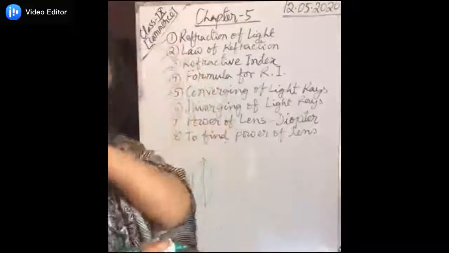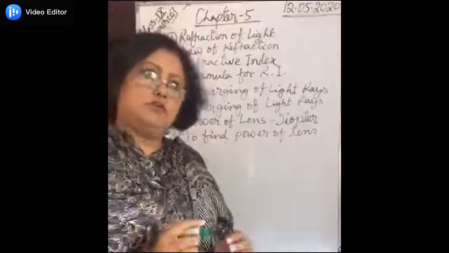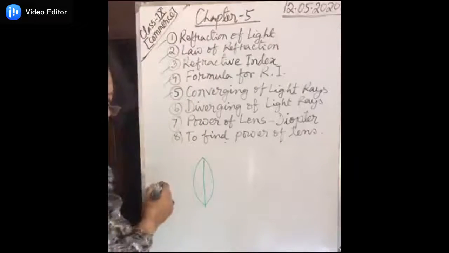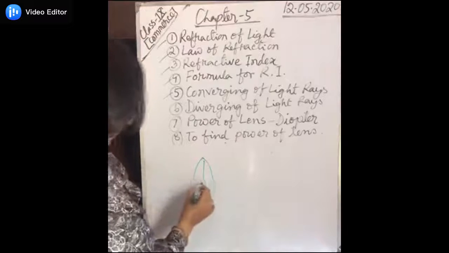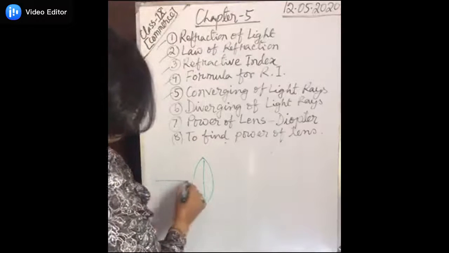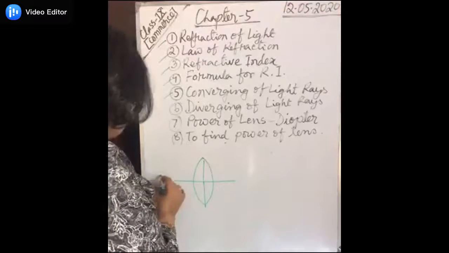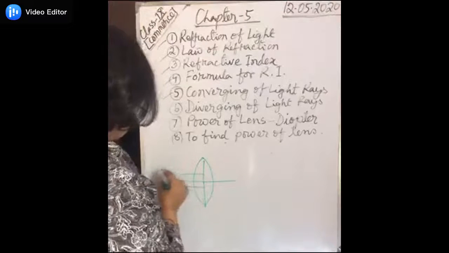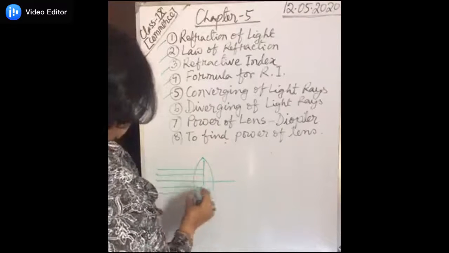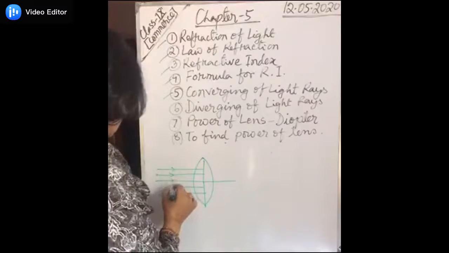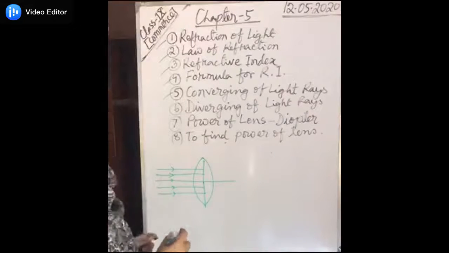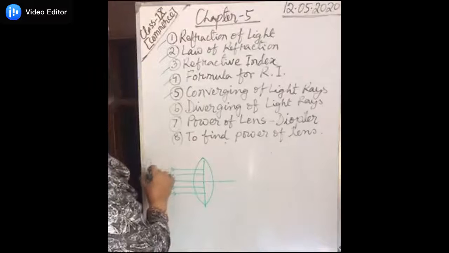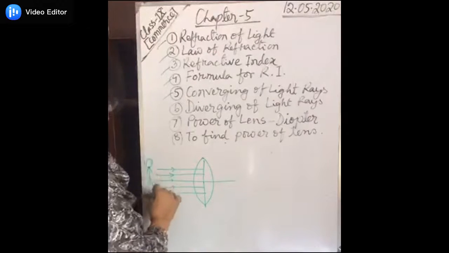So what happens in a convex lens when light falls from any kind of object? Suppose there is a person and light is falling from here.